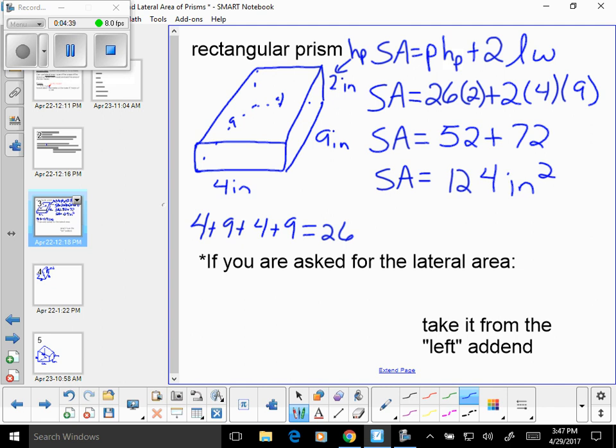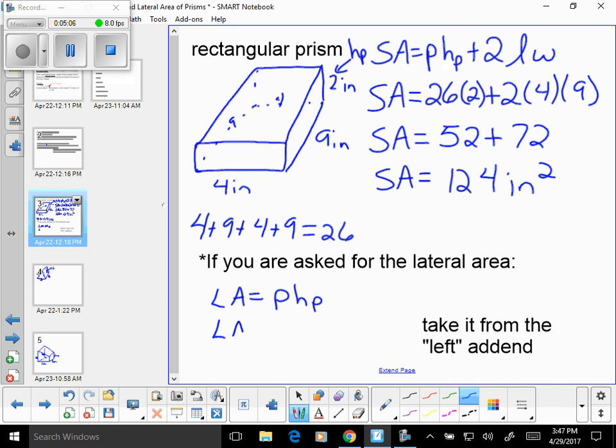Now sometimes they are going to ask you for the surface area and the lateral area, or they'll usually say lateral area, surface area. I usually tell students, you know what, if they're going to ask you for the surface area, just calculate that first, because all we really need to do is take that left-hand addend and use that, because lateral area is going to be perimeter times the height of the prism.